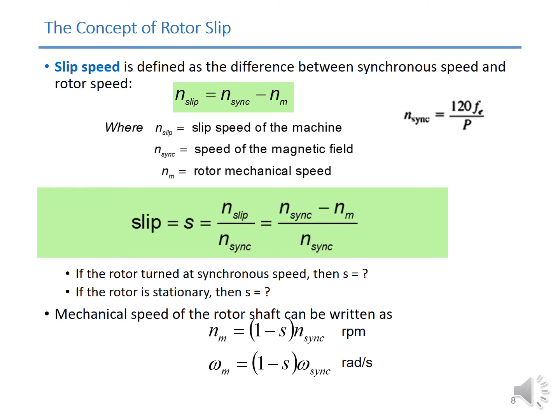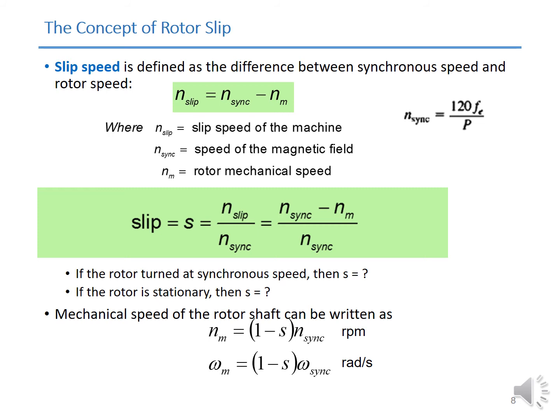Okay, what is slip speed? The new term here is slip speed, defined as the difference between the synchronous speed and the rotor speed, yeah? So n slip is equal to n sync minus nm, where n slip is the slip speed of the machine, n sync is the synchronous speed, and nm is the speed of the motor or the rotor.